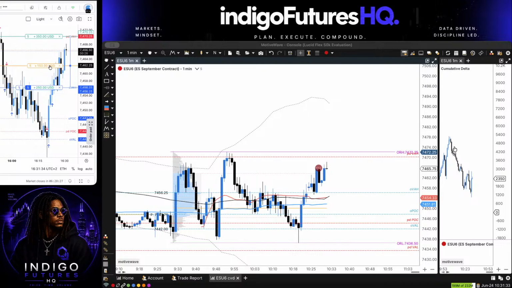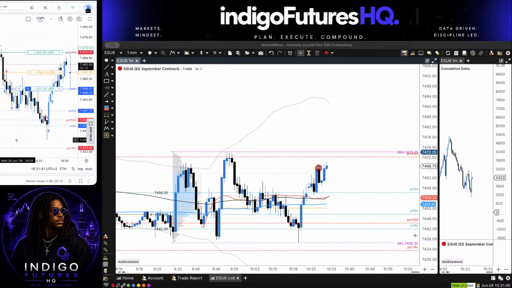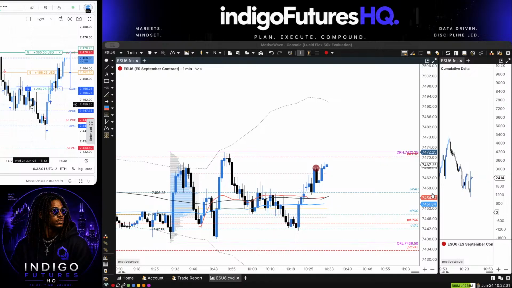I'm gonna secure like 150. 462. Am I being a dick for a tick?